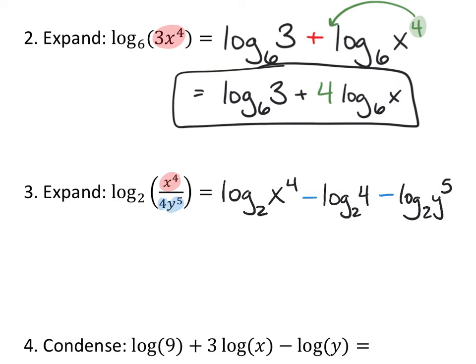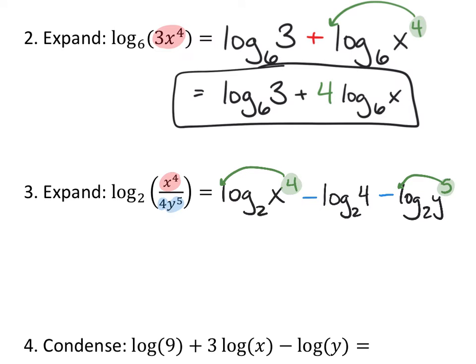Of course, with this one, there is still one more step that I need to do to clear this up. I've got two exponents here. Both of them need to go to the front of their respective logarithms. So this 4 is going to float up to the front of the first logarithm, and this 5 is going to float to the front of the second logarithm.